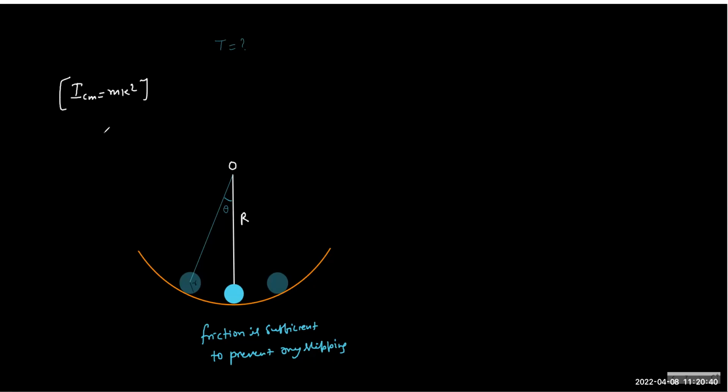That will be true for a ring also, and so on. Try this out now. From scratch, it's pretty easy, and for a small angle, everything will be linear, so you can get a SHM relation.